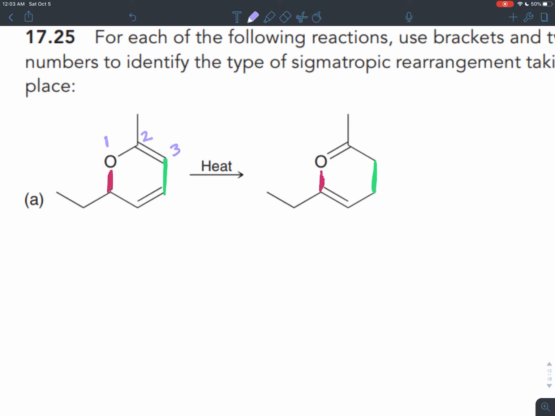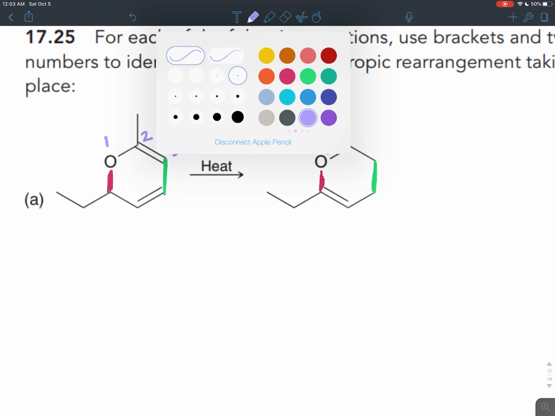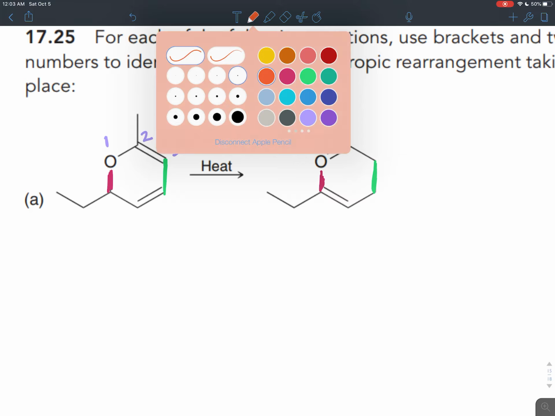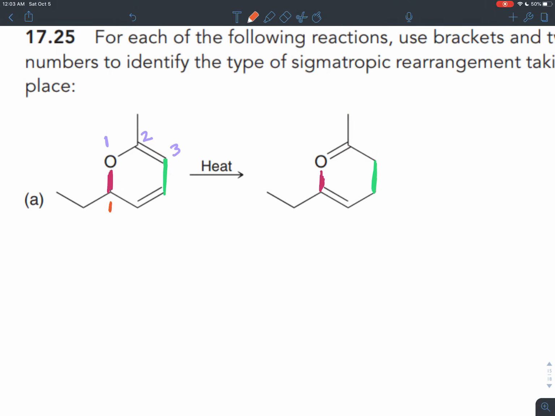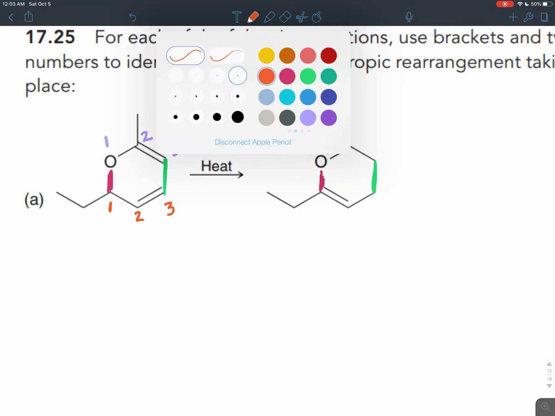So for example, on top, I'm going to write in purple, there are 1, 2, 3 atoms between the bond you're breaking and the bond you're forming. There are 3 atoms there. And on the bottom, I'll write this in orange, you also have 1, 2, 3 atoms between the bond you're breaking and the bond you're forming.